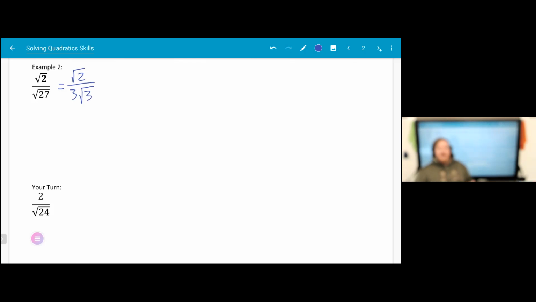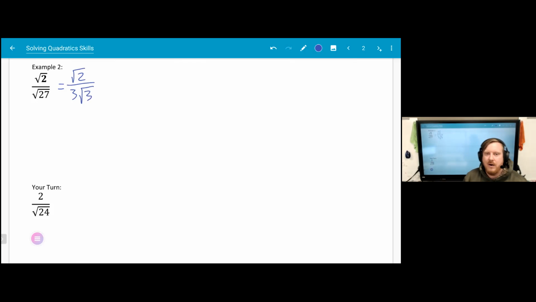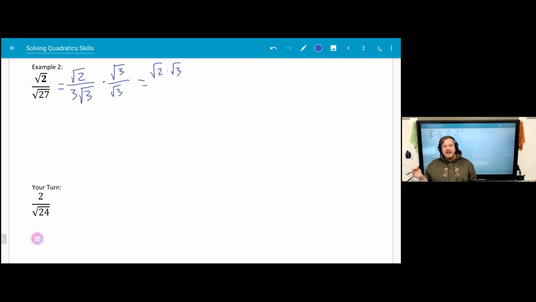Now I need to get rid of that square root of 3 in the denominator. I need to multiply both top and bottom by the square root of 3. On top, what do I get? I get the square root of 2 times the square root of 3. That's interesting. It looks a lot like what we did in that product property business. We'll come back to that in a second.